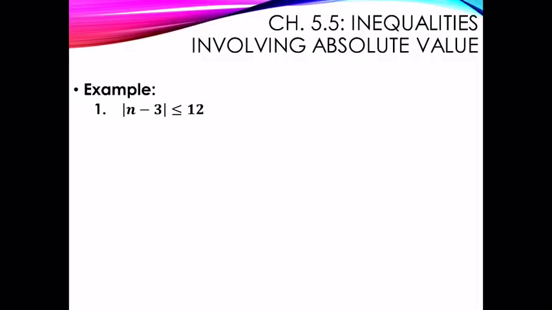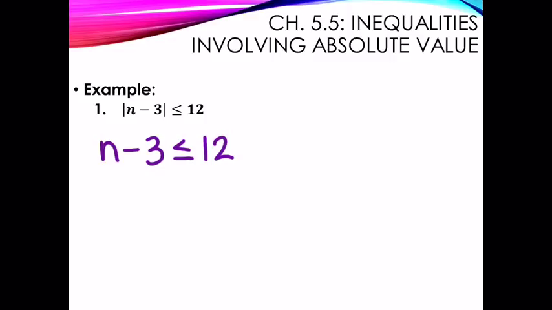Okay, so go ahead and write down this example. The absolute value of n minus 3 is less than or equal to 12. The first thing we're going to do is solve the inequality just by dropping the absolute value bars. So I'm going to rewrite the inequality just like it is, but without the absolute value bars. So n minus 3 is less than or equal to 12.